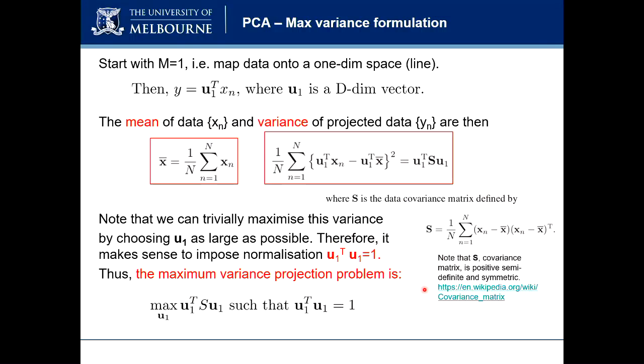So the maximum variance projection problem is to maximize the objective over u1 such that the normalization constraint holds, right? It's a basic constrained optimization problem, as we have discussed before.